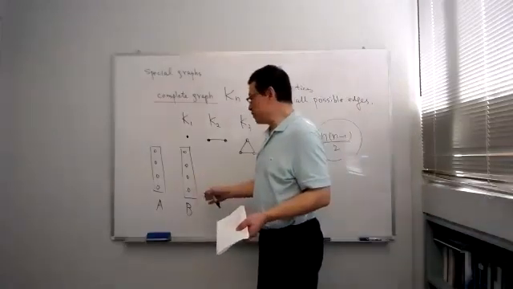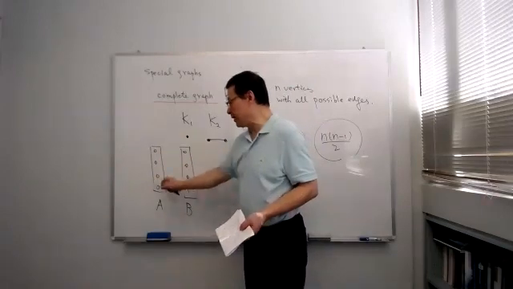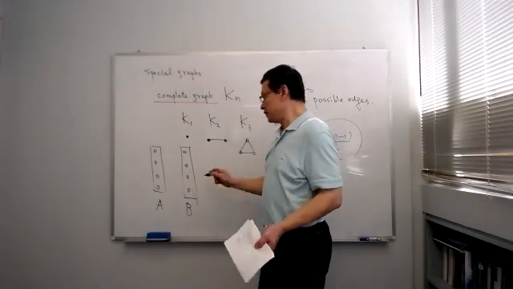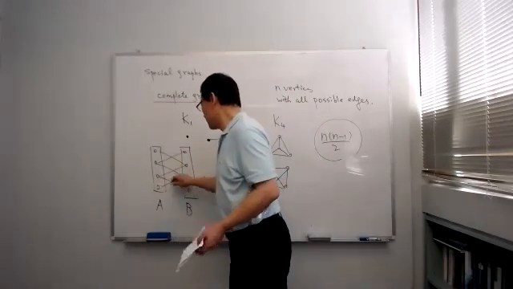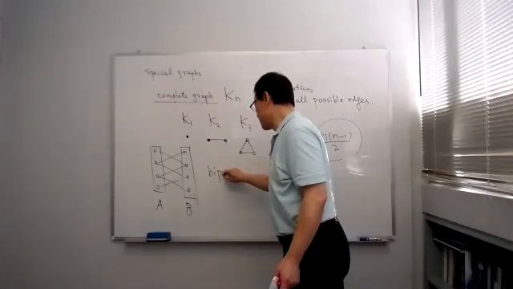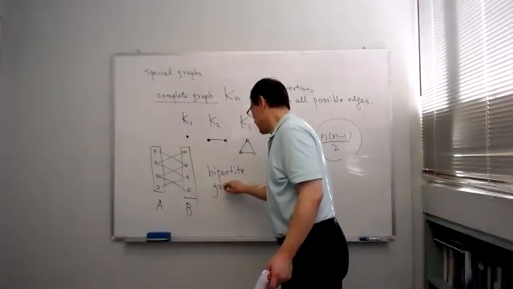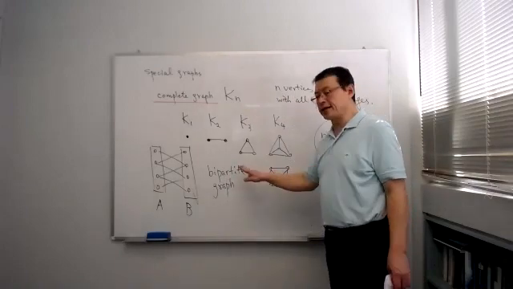Then the graphic representation is one side A, one side B. There are no connections between elements inside A, no connections between elements inside B, only connections from A to B. So in this kind of graph, the edges only look like this. Such a graph is called a bipartite graph. This is a very important class of graphs. We'll discuss more later on.